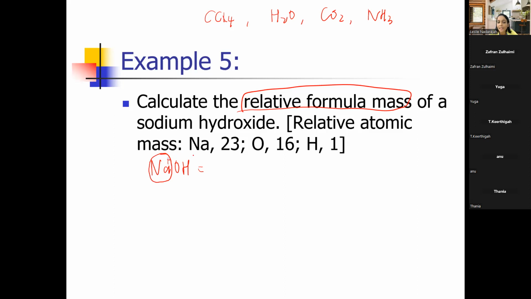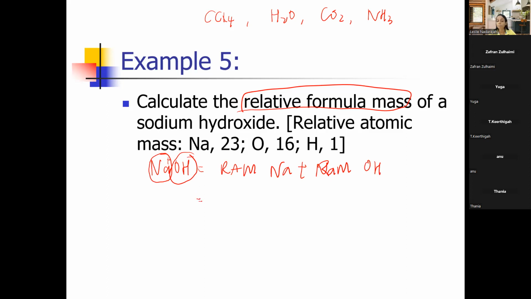Sodium is Na+, hydroxide is OH-. So they are ions. Because I'm using ions, it's called relative formula mass. But the working, the way to get the answer, is the same. I'm using the RAM of sodium plus the RAM of O plus the RAM of H, and you get the answer.